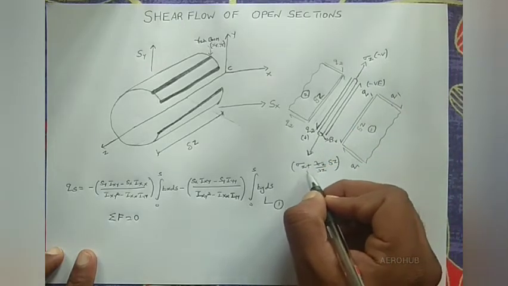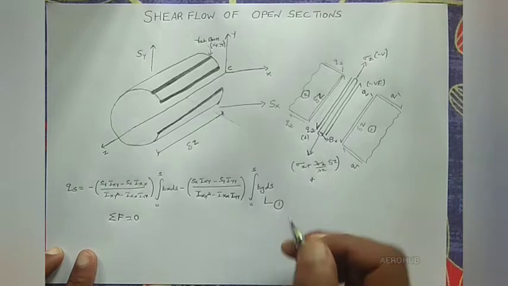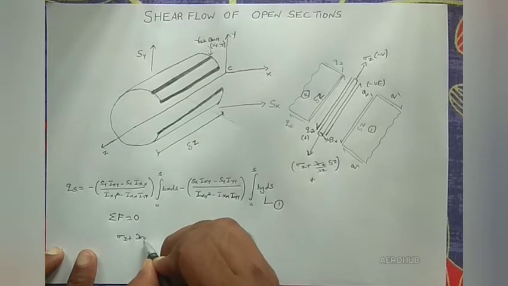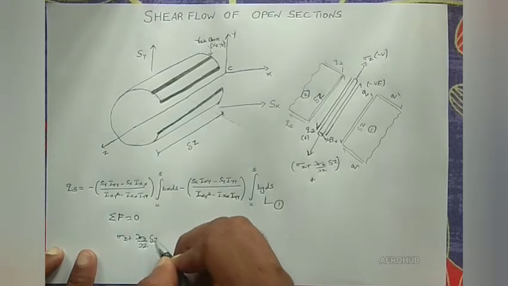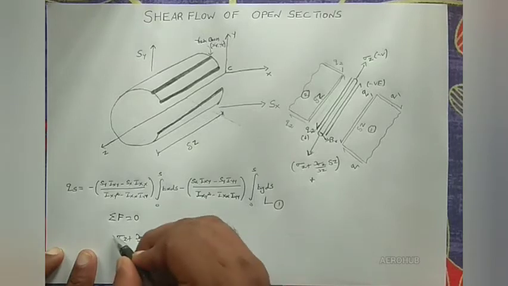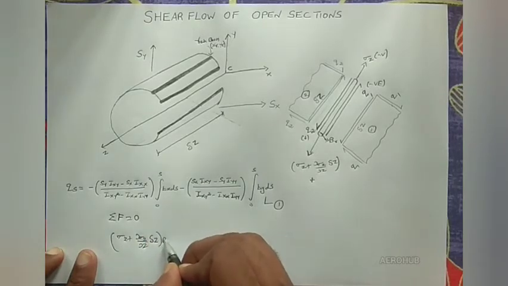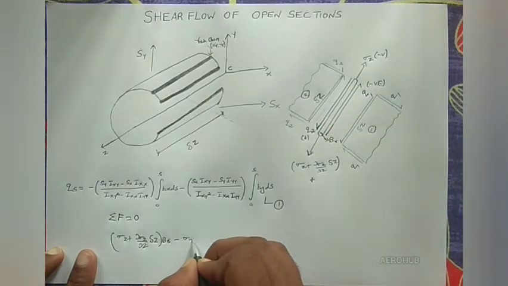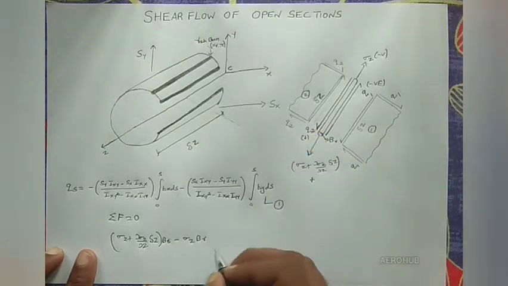So that will be (sigma z plus dou sigma z by dou z into delta z) into the boom area, minus sigma z into Br, plus the shear flow terms.